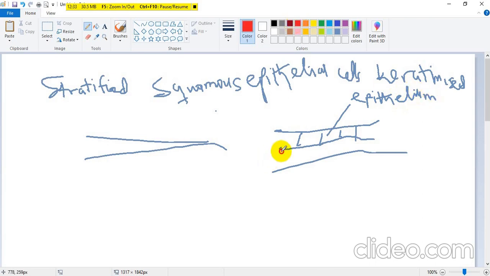And this layer is endothelium. We have the epithelium and the endothelium.